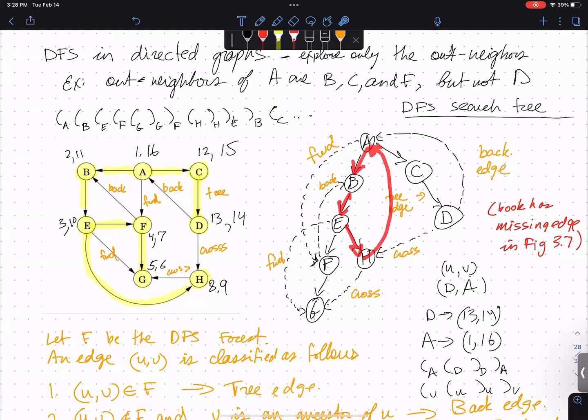Right? It has to come back to the first node. And the place where it comes up to the first node, this is the back edge. Like the cycle E, F, B, at some point we have to go back up the tree.